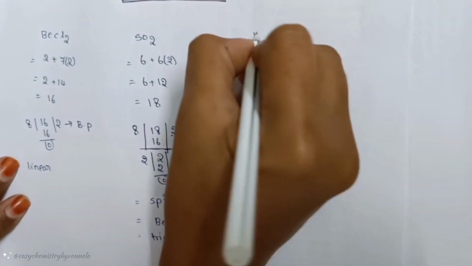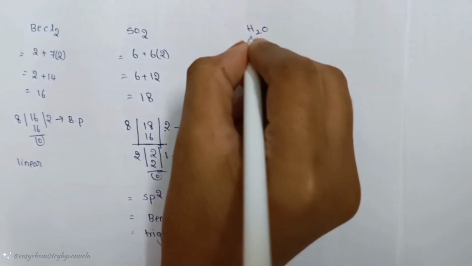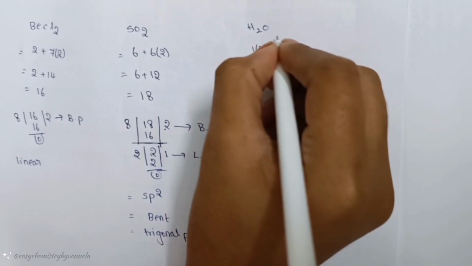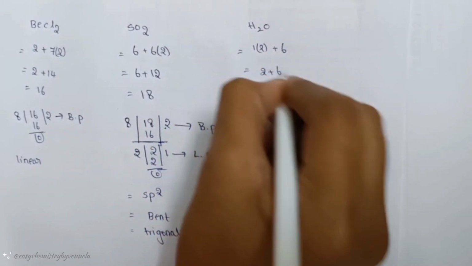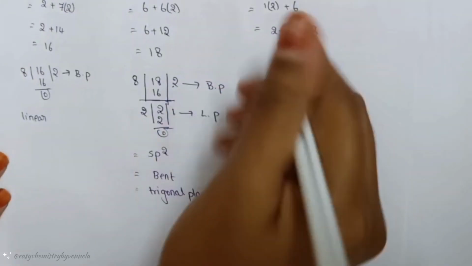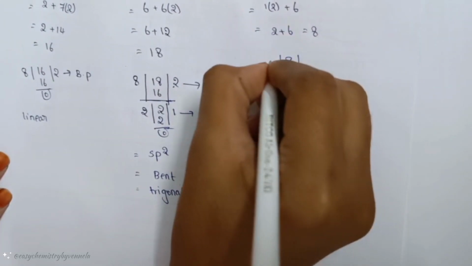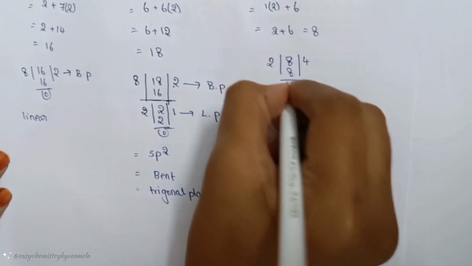Okay, the next example is water, H2O. Hydrogen group number is 1. Here 2 are there. Plus oxygen group number, 6. 2 plus 6 is equal to 8. If it is divisible by 2, then the remainder is 0.